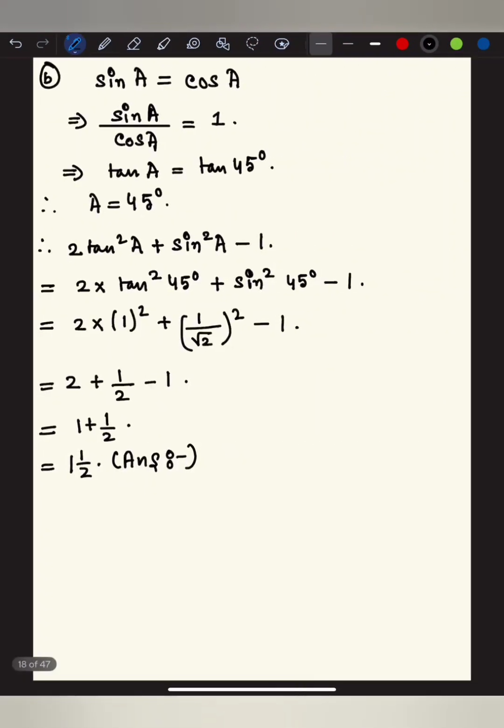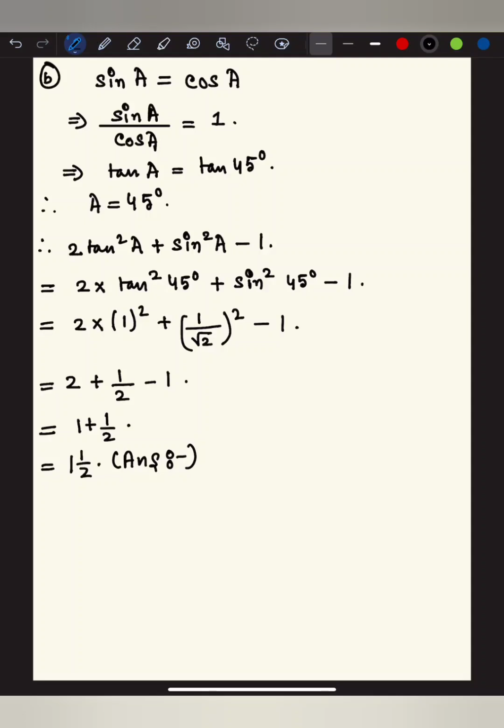Let's come to sub-part B. It is given, if A is an acute angle and sin A equals cos A, then find the value of 2 tan square A plus sin square A minus 1.